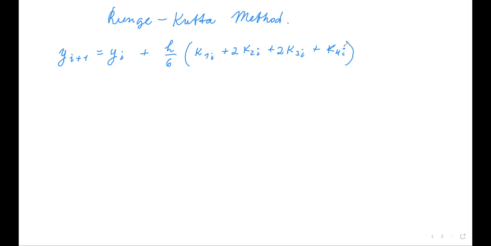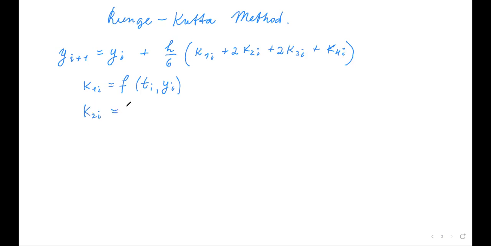What are going to be the constants? K1, K2, and K3. I'm going to write them down. So K1i is still going to be f of ti, yi. Well, just like in the previous method and just like in Euler's method, f of ti, yi. K2i.